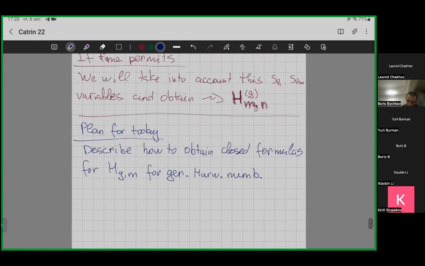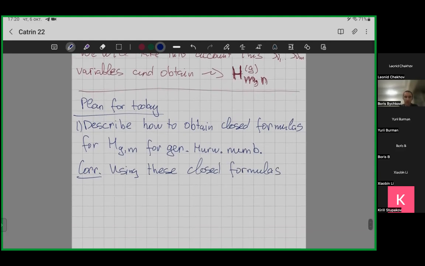And as corollaries of these closed formulas, we could prove topological recursion, not for this H_g,m, but for forms which we construct from this H_g,m.